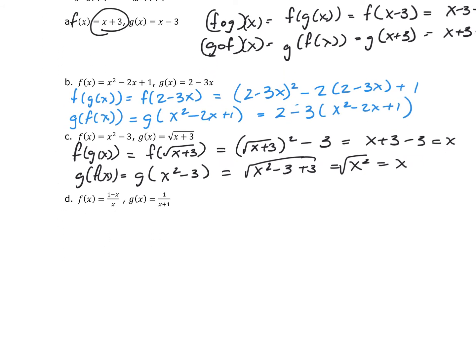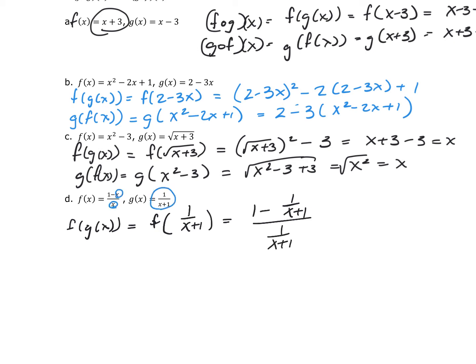Last one, composition, F of G of X, which is F of 1 over X plus 1, which is 1 minus 1 over X plus 1 over 1 over X plus 1, because everywhere I see this lovely X, I'm going to replace the entire thing with 1 over 1 plus X. Now this one I am going to help you simplify. I'm going to multiply the numerator and denominator by X plus 1 so that I can clear my fractions.